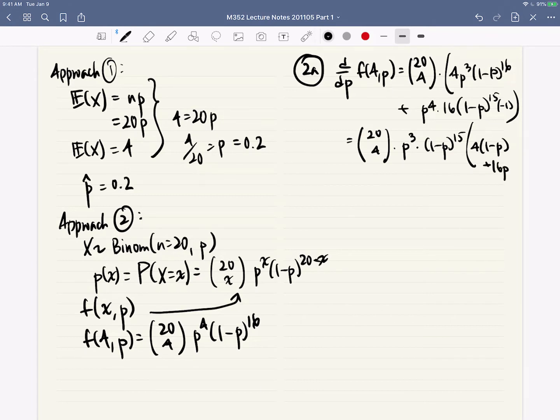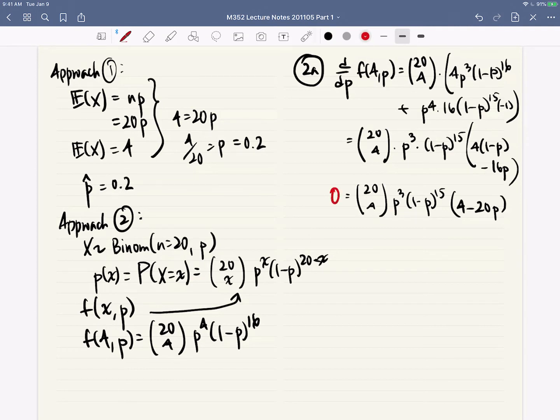Right, that's going to be a minus 16p. And we'll simplify what's in that last group. 4 times 1 minus p minus 16p looks like it's 4 minus 20p. Okay, that's good. So that's the expression for my derivative.